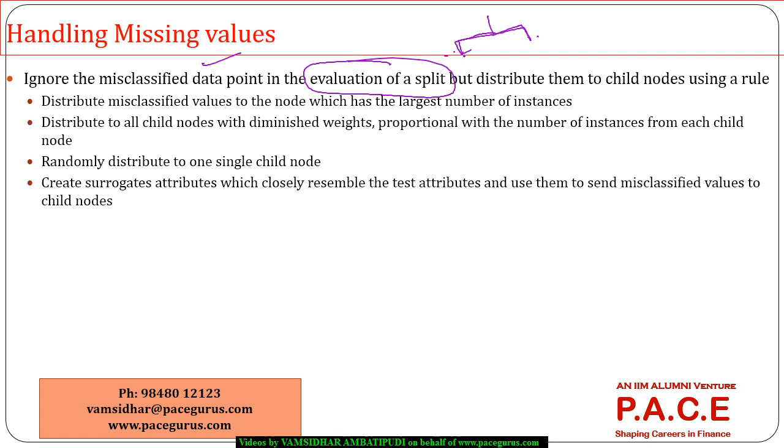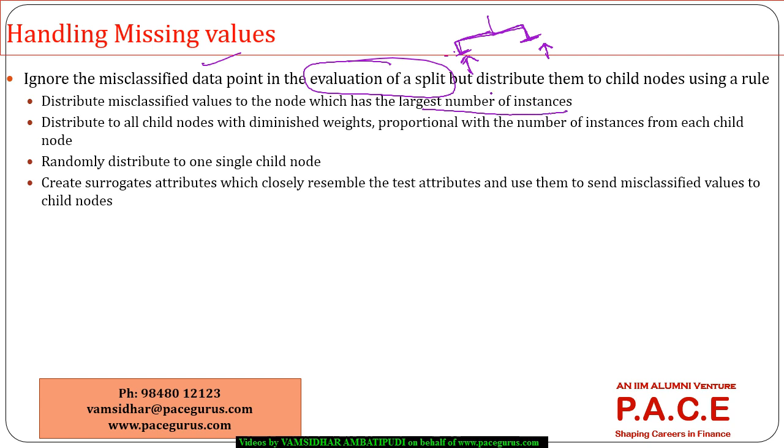But once the splitting is done, that observation is assigned to one class or the other. It would not be used to build the rule, but once the rule is built and the child nodes are identified, the missing valued records are sent either here or here, again based on various aspects.